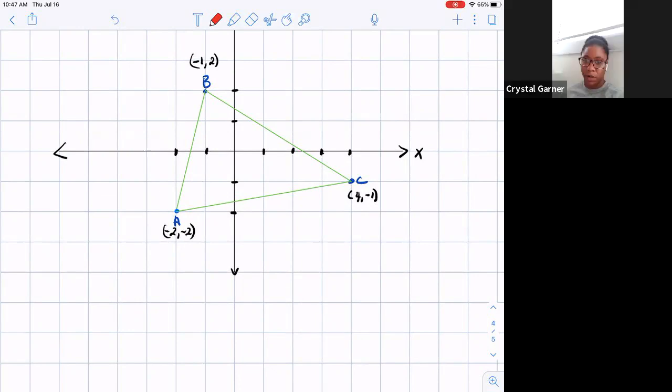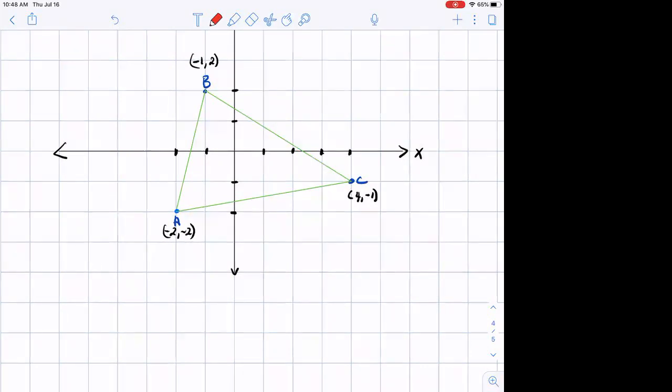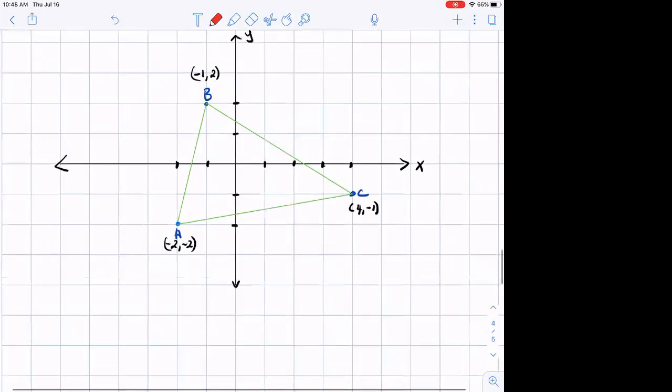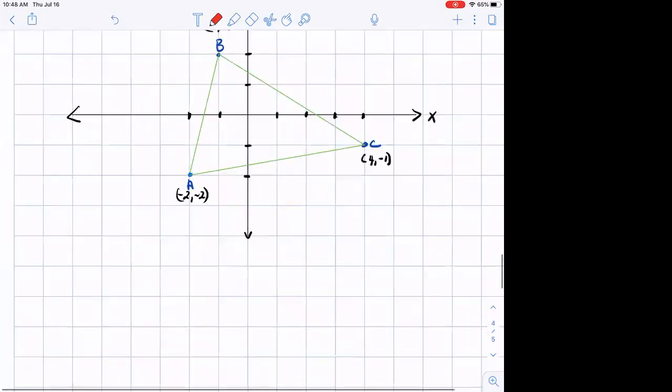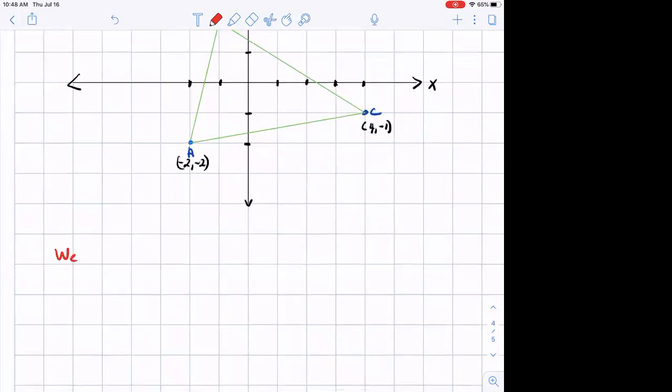Using the distance formula. Okay, that's a start. Who spoke? Crystal. Okay. You could start out by using the distance formula to help.